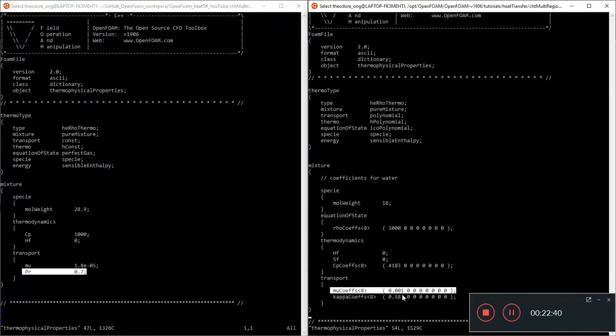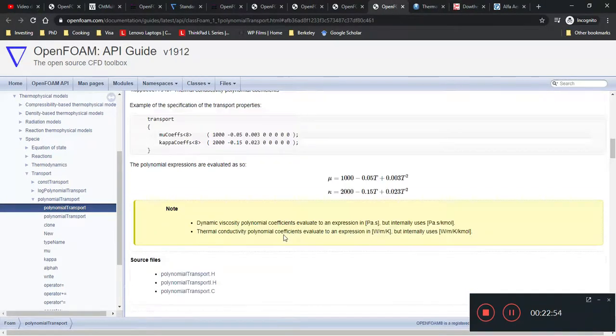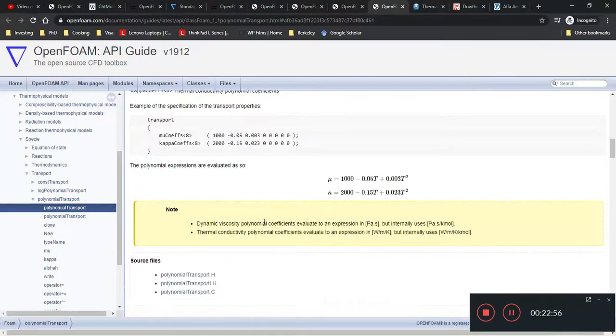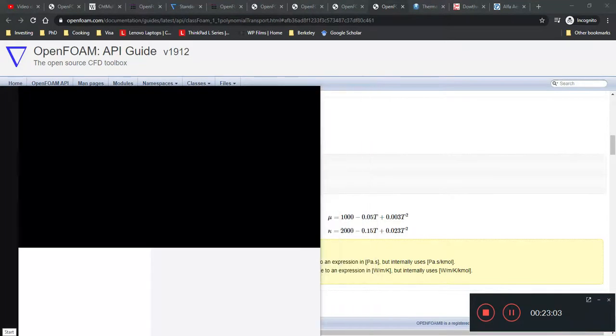You can actually just leave all the coefficients here as 0 and this as 0.001, and that will just give you a constant mu. Likewise for kappa, because this is the coefficient for the first one. Let me go and use Paint.